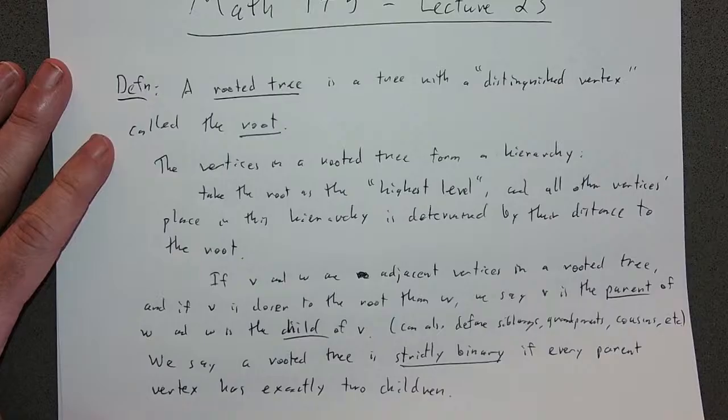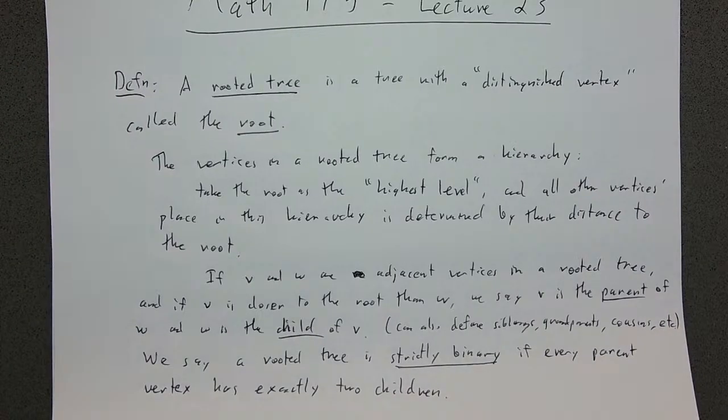So we say that a rooted tree is strictly binary if every parent vertex has exactly two children.